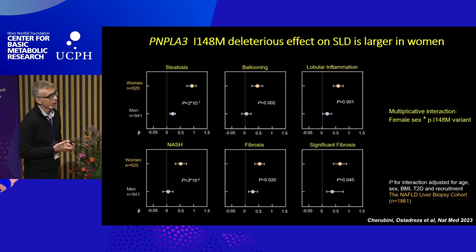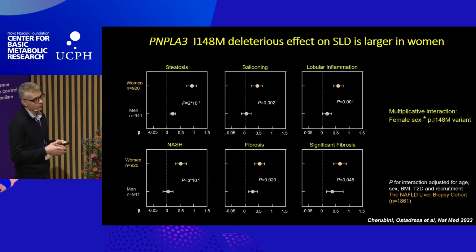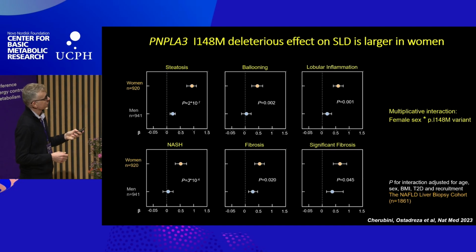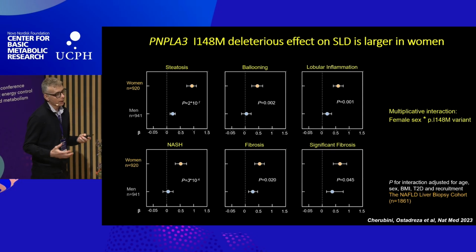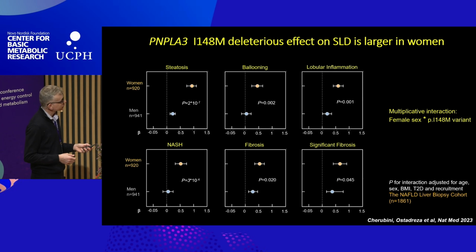This is the p-value for the interaction, and for an interaction, the p-value is very large. So women with the variant have a larger risk for liver steatosis. If you want to know more about it, in the paper we show that this is due to an estrogen receptor binding site in the promoter region of PNPLA3 that increases the protein production in women.